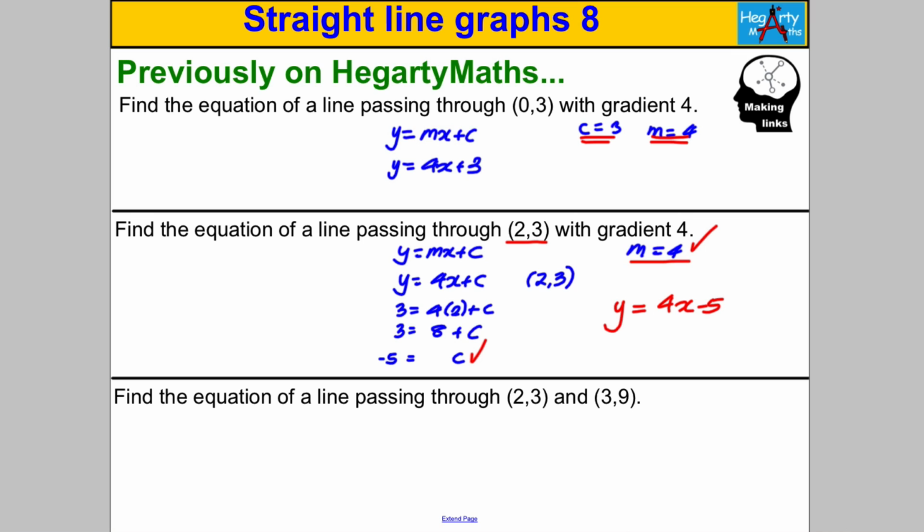Well, in this particular question, they don't even give you the gradient like they did above. So step 1, you're going to have to work out the gradient. And we can do that because we've got the two endpoints of a line segment. And then you're going to have to do what you did before, using one of the coordinates to find c. So that's what we're going to do in this video, and let's get cracking.